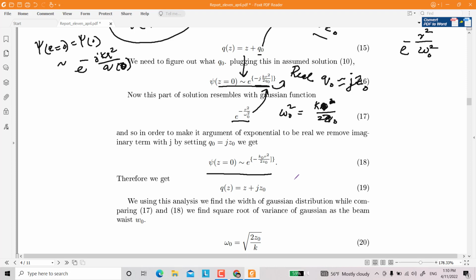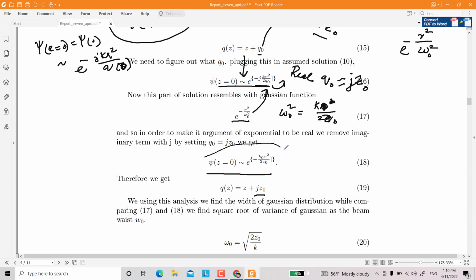So now we have specified what this z naught is, but the interpretation is still yet to be explored. But so far so good. We will discuss it later in a few minutes. So using this analysis, we find the width of the Gaussian distribution while comparing equation numbers 13, 17 and 18.